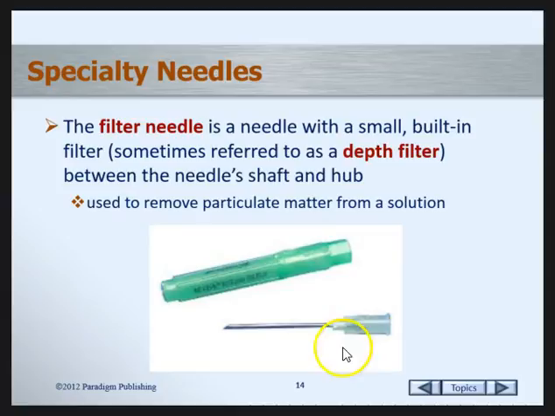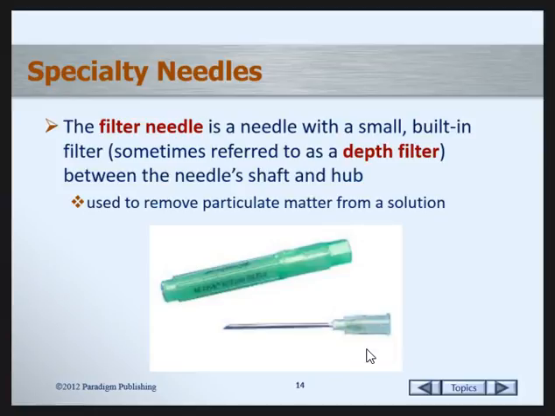The filter in a filter needle is used to remove particulate matter from a solution. We use a filter needle in the process of preparing a compounded sterile preparation that is made from an ampule. When we break open an ampule, which is made of glass, there is a potential for glass shards, sometimes paint from the neck ring, to fall into the ampule and be drawn up into the syringe.